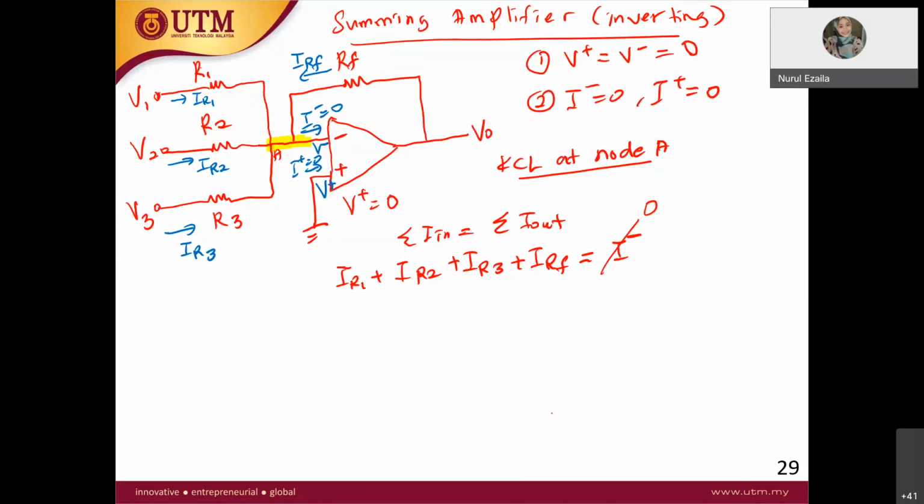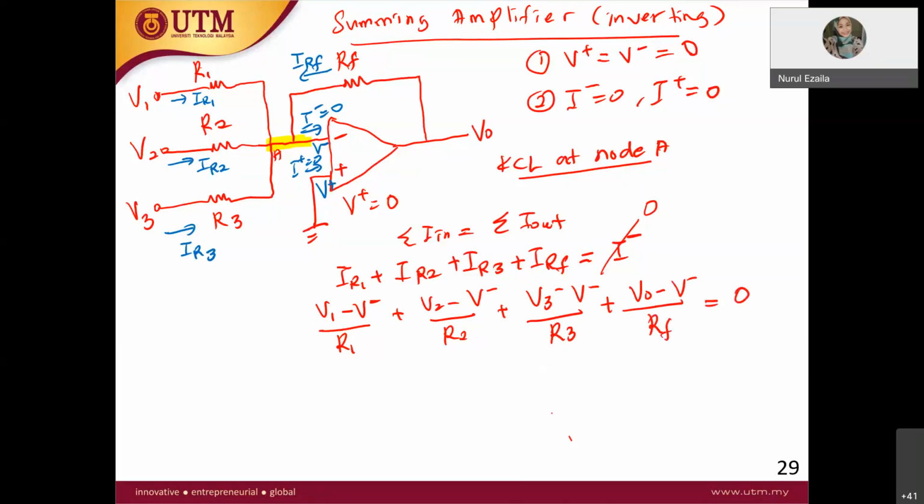So (V1 minus V minus) over R1 plus (V2 minus V minus) over R2 plus (V3 minus V minus) over R3 plus (V0 minus V minus) over RF equals 0. Now, what is V minus?